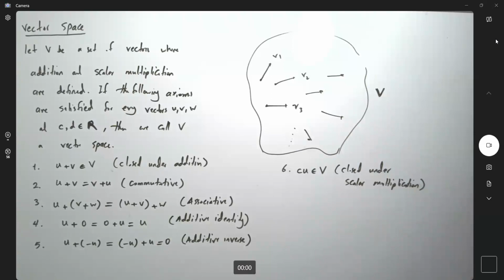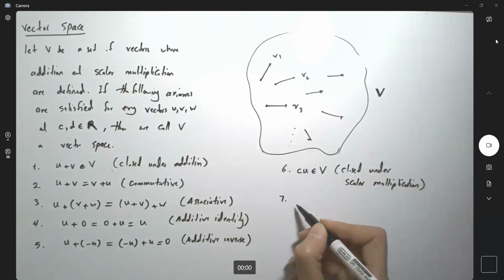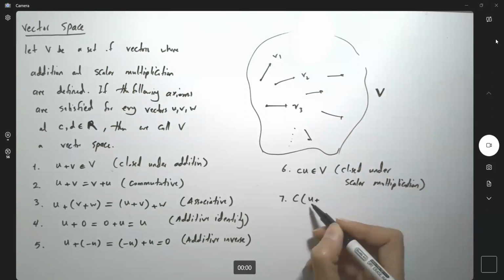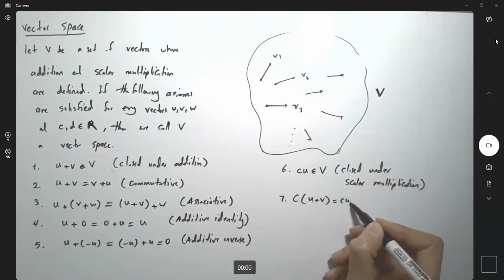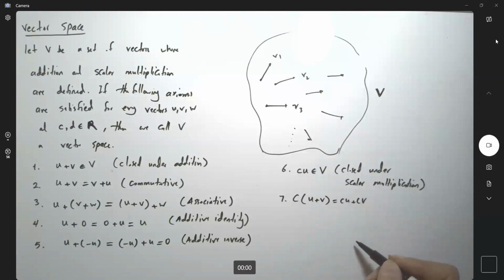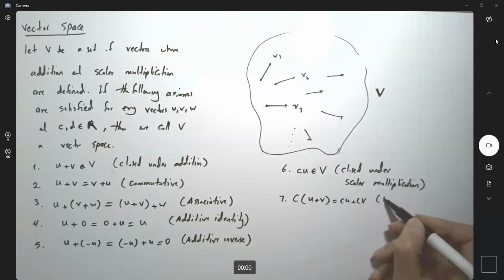Number 7, you can distribute scalar over addition. C times U plus V is CU plus CV, distributive property.